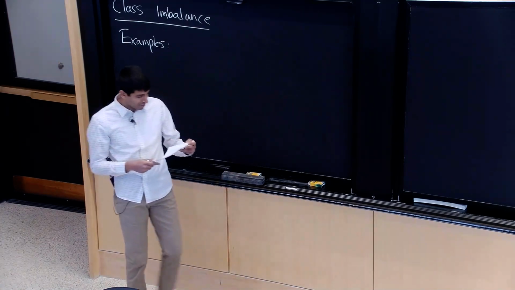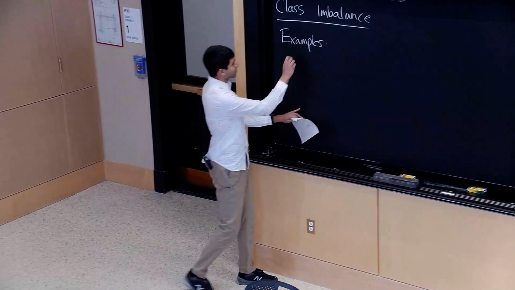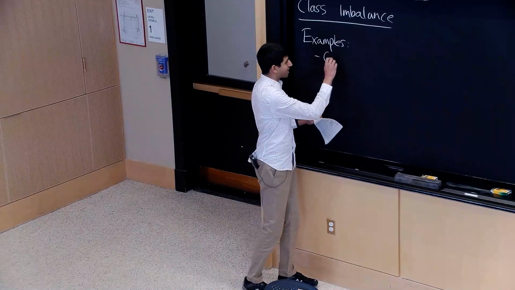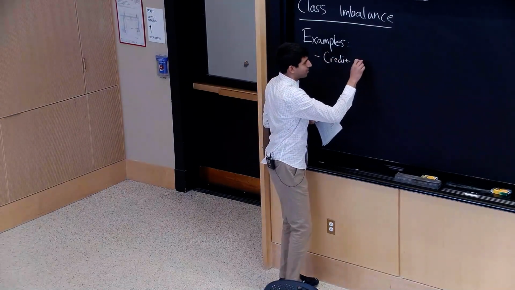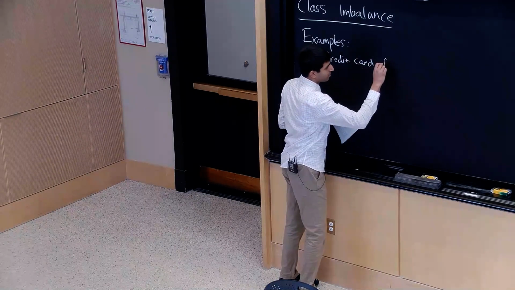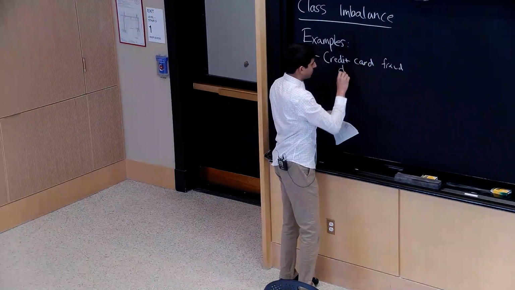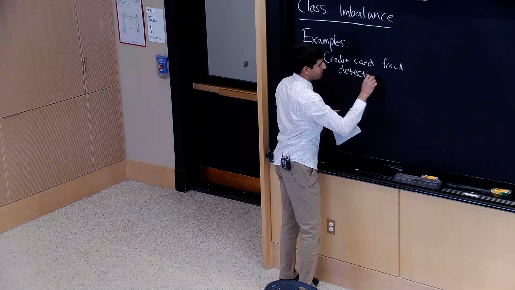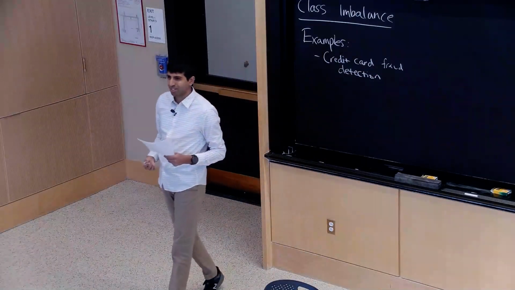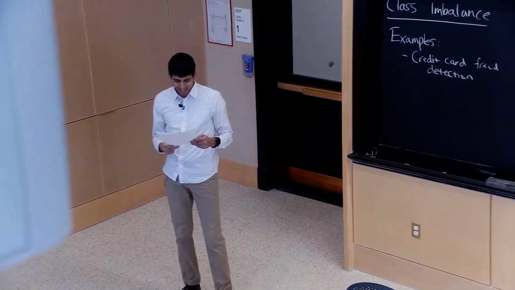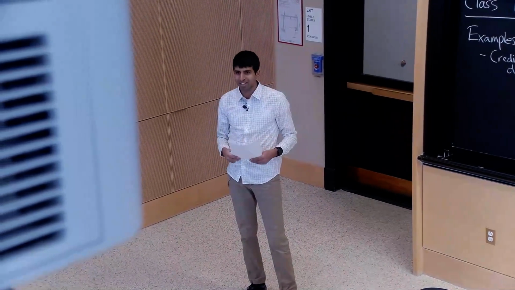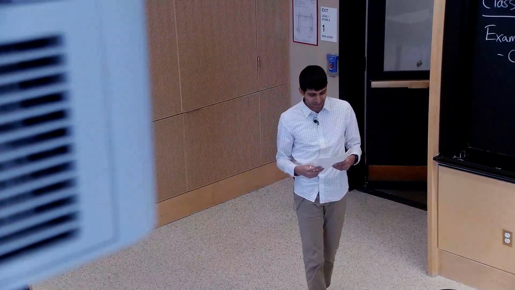All right, I'll give you one and then you can try to come up with two more. One classic one is fraud detection in credit cards. So credit card processing networks have incredible transaction volume. I don't know the number off the top of my head, but it's like billions of transactions a day or something huge like that.